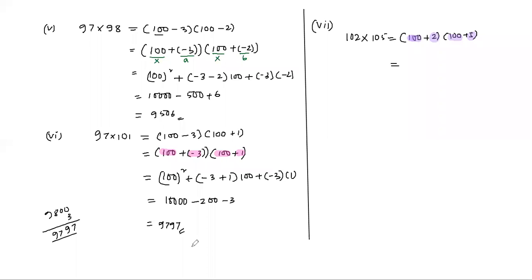So with the help of that same idea, we can write this as x square, then a plus b, this is x, and then a into b. So you'll be getting this as 100 squared, that is 10,000. Then this will be 700, and this is 2 into 5, 10.